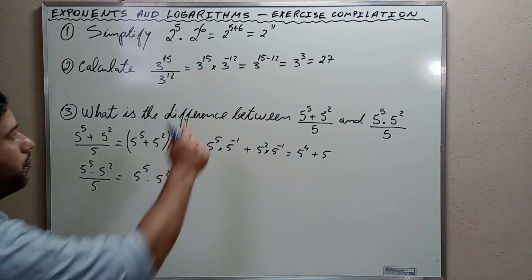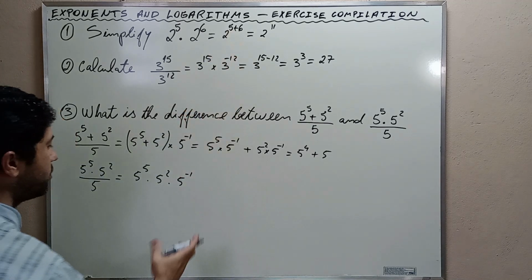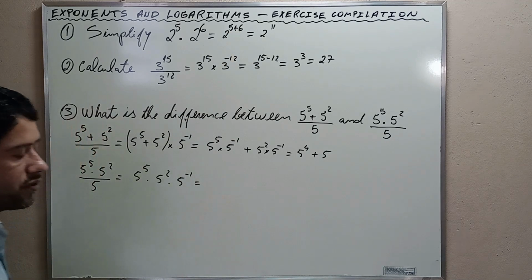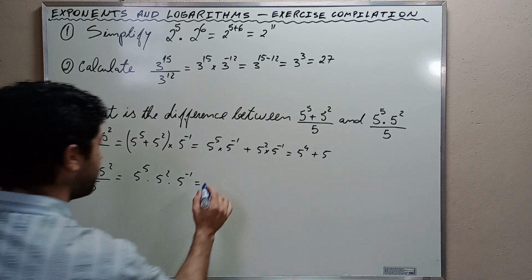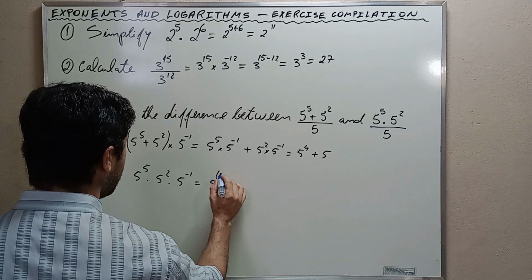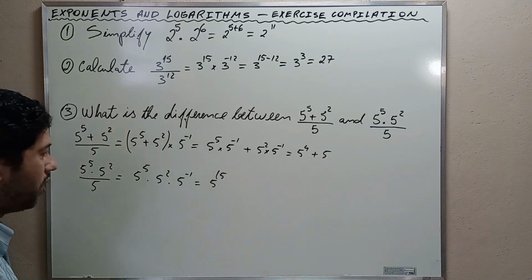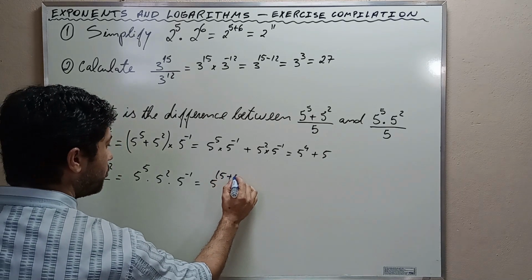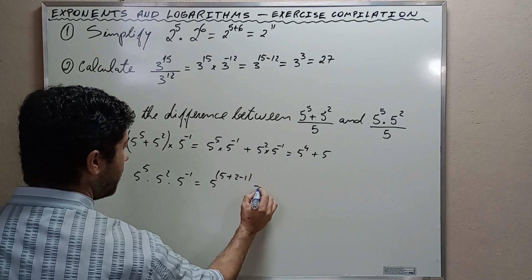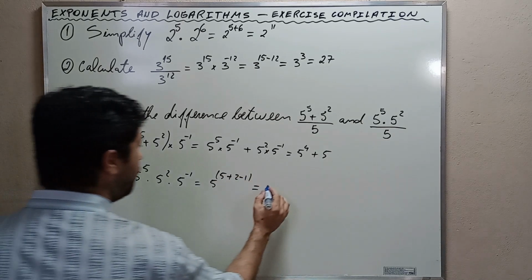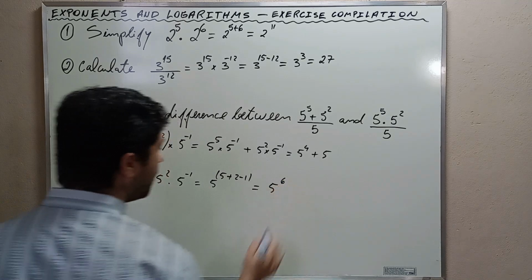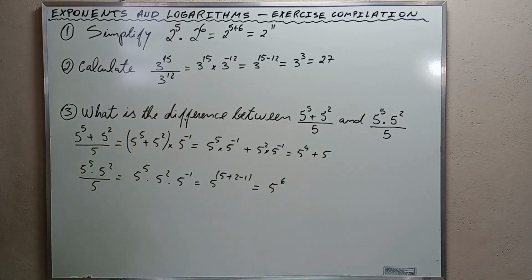And we can apply this rule here that we used in the first exercise, and it's going to become 5 raised to the power of 5 plus 2 minus 1, and this is equal to 5 to the 6th power. Okay, my friends?